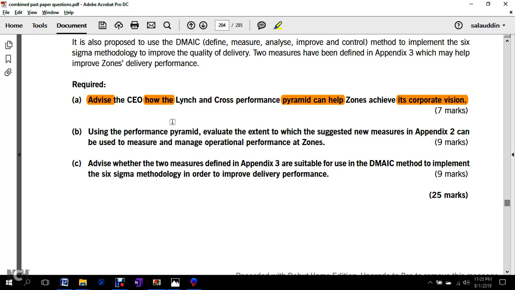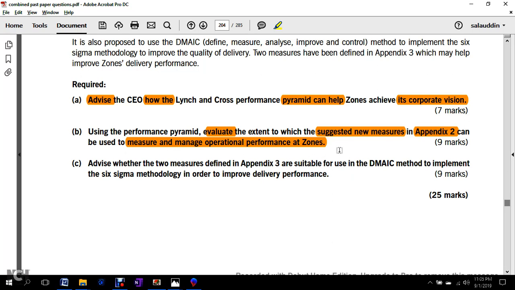You need to memorize the 4 levels involved in the pyramid. Then requirement 2, using the pyramid, evaluate the extent to which suggested new measures in appendix 2 can be used to measure and manage operational performance at Jones. From the requirement you can understand that in appendix 2 there are some suggested measures. We need to evaluate how these KPIs will be used in measuring and managing operational performance.